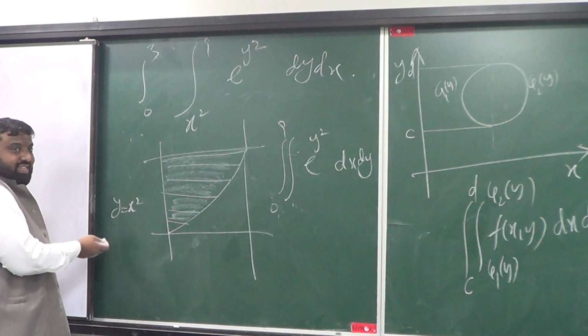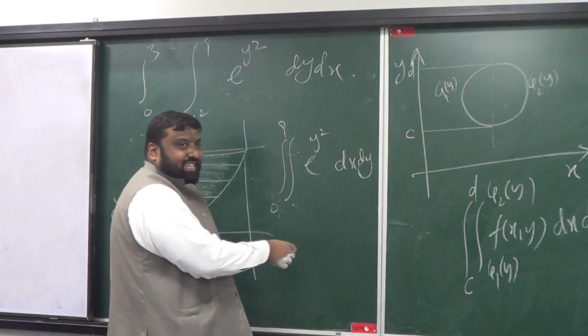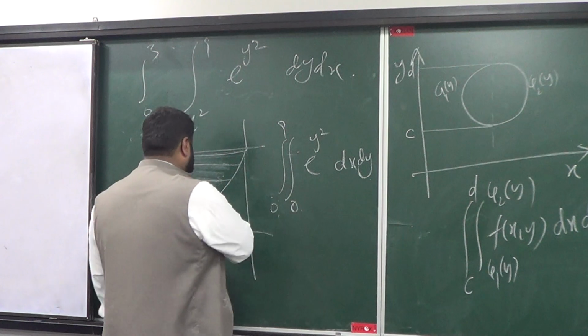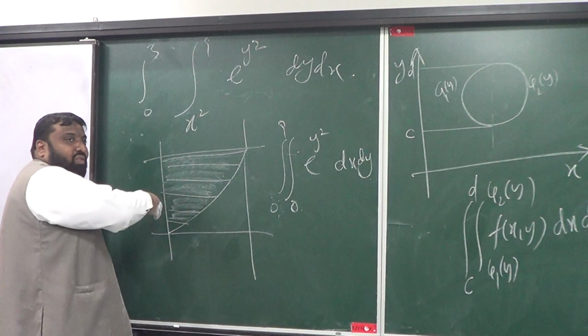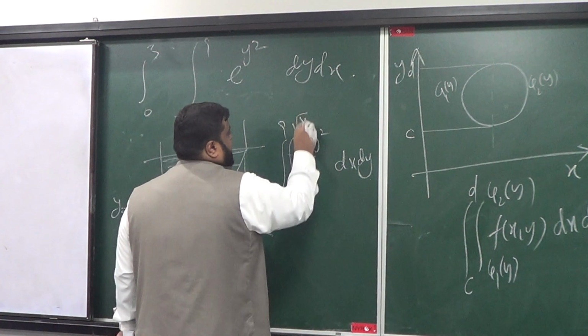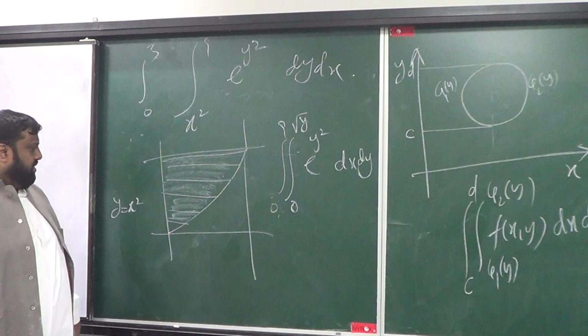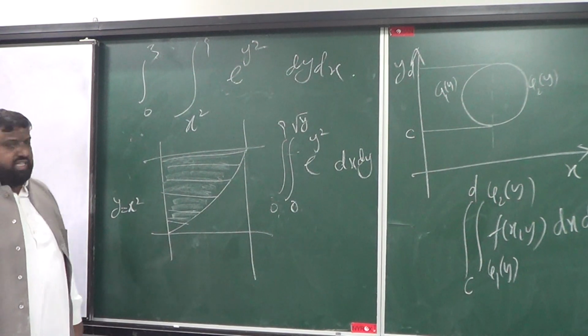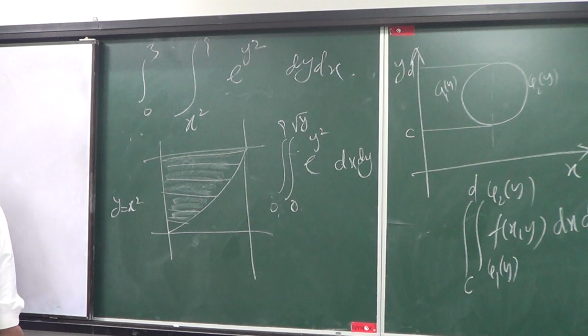It is the square root of y. So you are starting from 0 and always going to the square root of y. And now it should be easy.